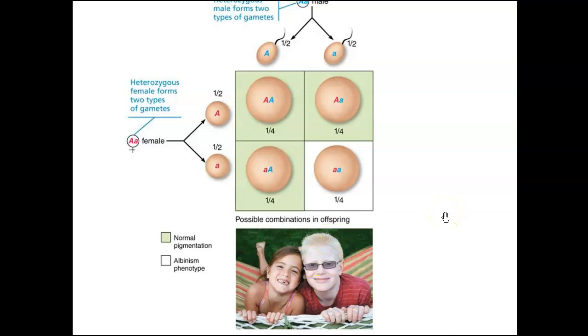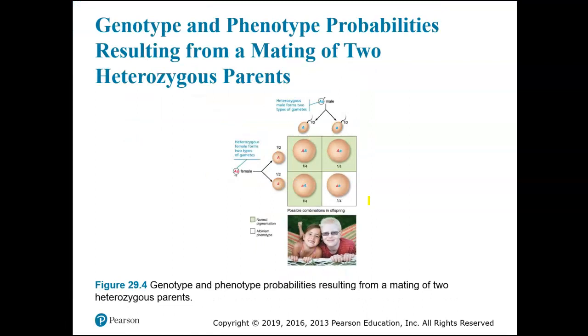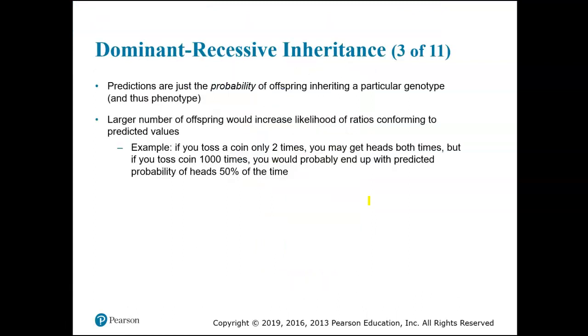Or they could have 2 children and both of them have normal skin pigment. But every time they have a child, the chance that that child will have albinism is 1/4 or 25%. So this is what you do with a Punnett square. It just helps predict the chance that a couple is going to have children with certain traits.